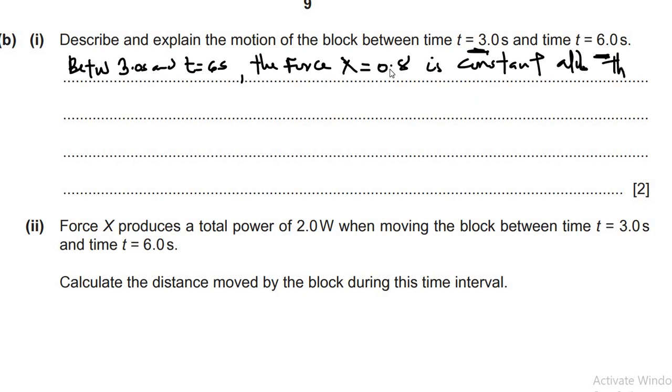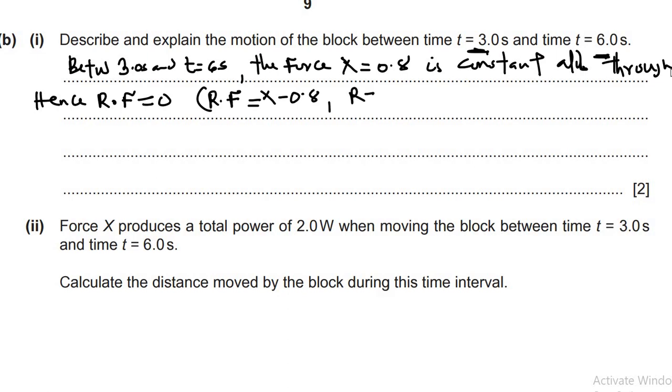It's constant all through. Hence, resultant force will be 0. Why? Because from the initial model, resultant force is x minus 0.8. So the resultant force will now be 0.8 minus 0.8, which makes it constant. Hence, resultant force is 0.